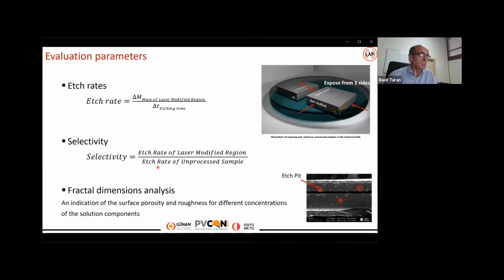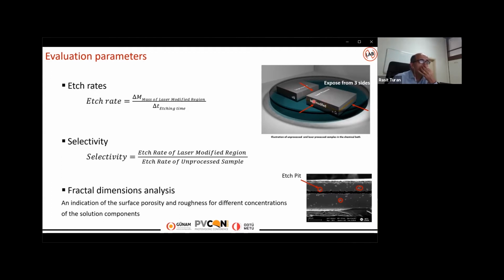In this experiment, we need to calculate the etch rate, selectivity, and fractal dimension analysis. So we use two samples, which are shown here, per etch solution set. The laser processed sample includes both the laser modified and the unmodified region, and the other samples are unprocessed as reference samples. These samples are measured up to 60 minutes with an interval of 10 minutes.